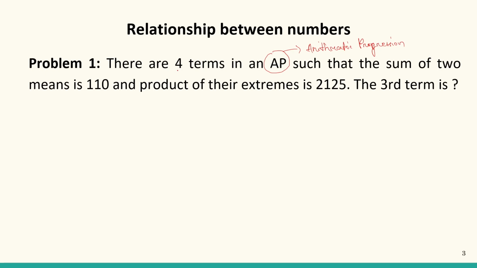Given that the sum of two means is 110 and the product of their extremes is 2125.